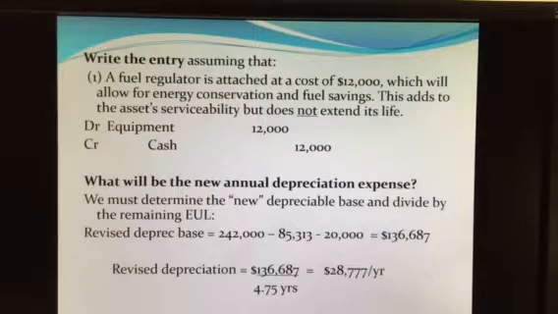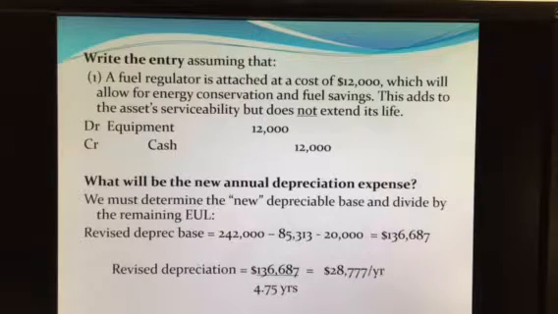Set up a T account for this equipment where you would show the beginning balance of $230,000, and you would also show under the accumulated depreciation a T account for $85,313. Okay, that'll be important more so later on, but it's also healthy for you to be able to think through more complex problems this way. So the depreciable base is going to be revised.